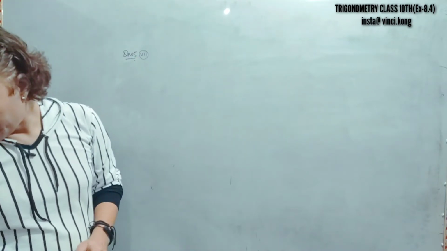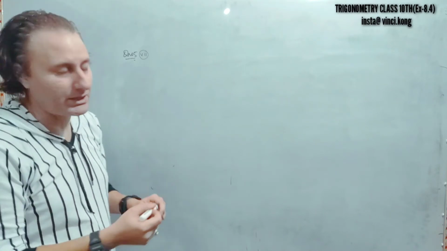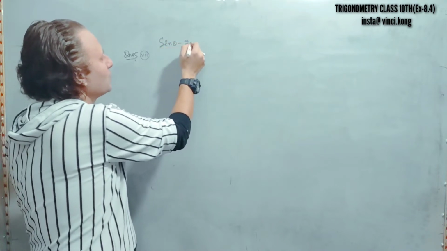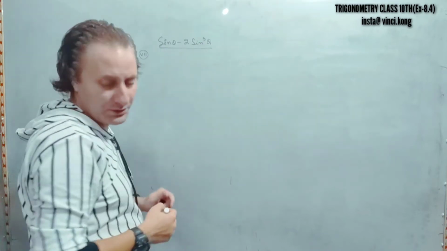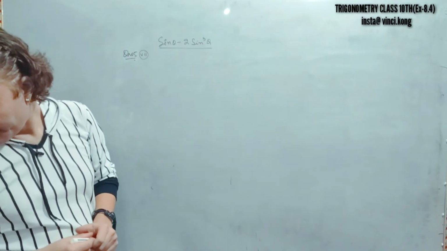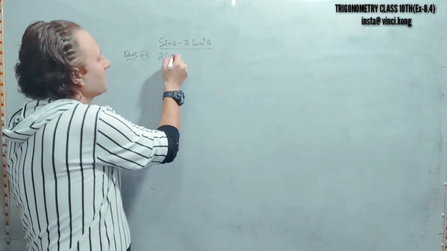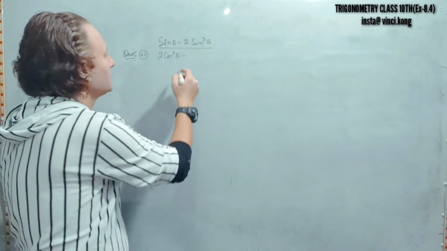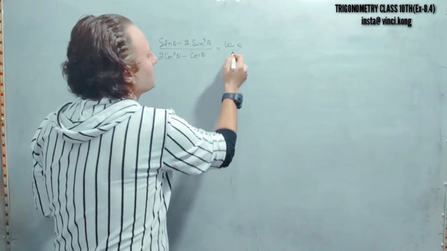What does it say? It says sine theta minus twice sine cube theta whole divided by twice cos cube theta minus cos theta is equal to just tan theta.